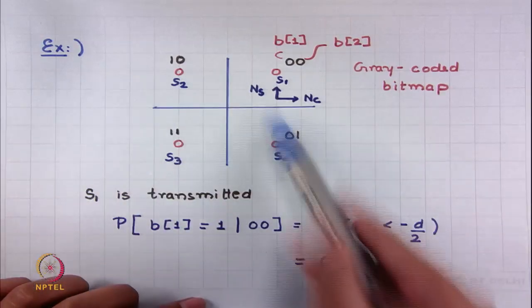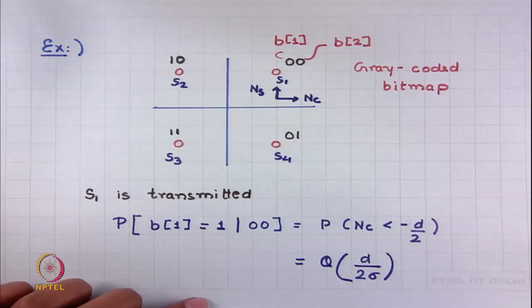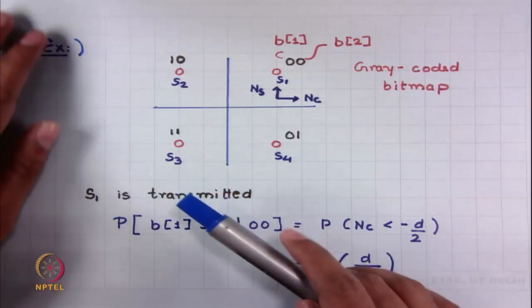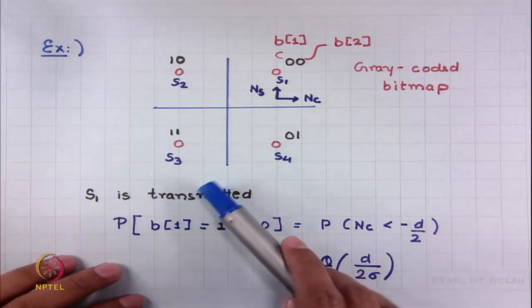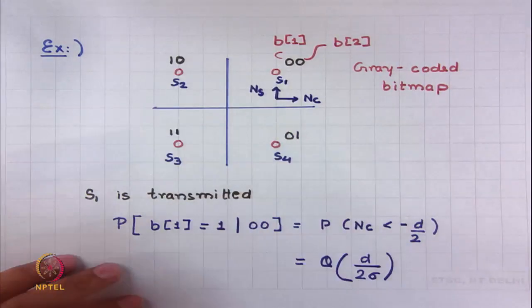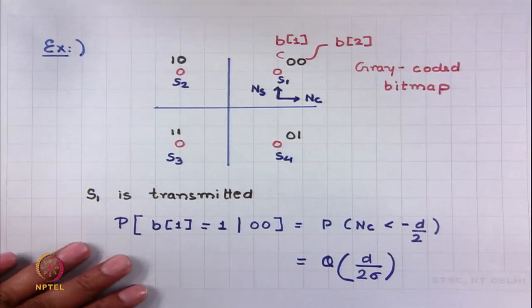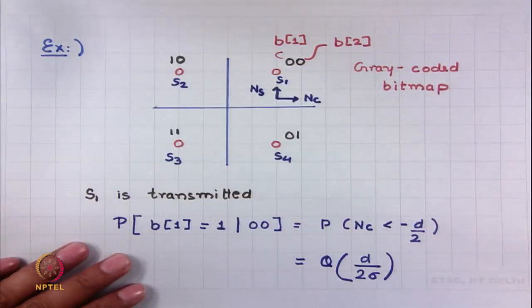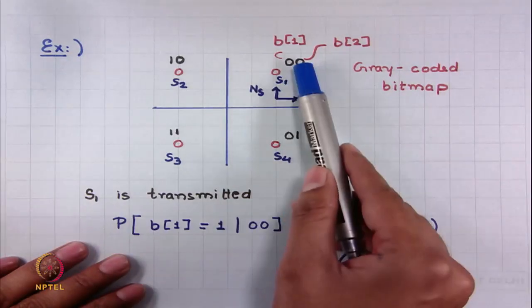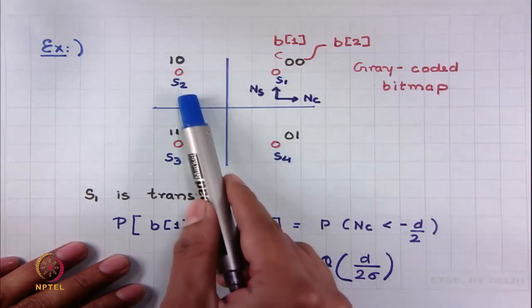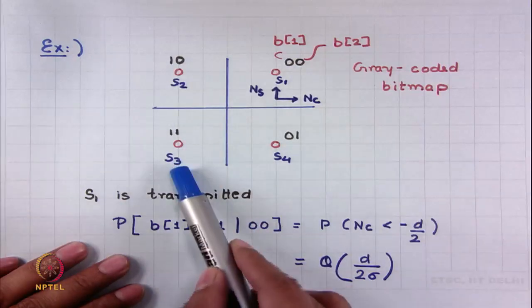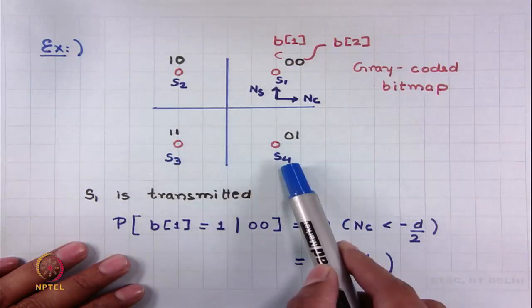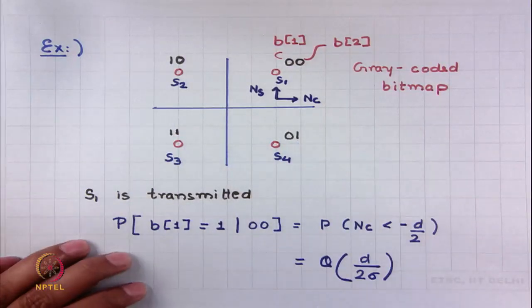All these symbols are at a distance of t and they have equal probability and things like that. Okay. Now, what has changed in this diagram, if you notice carefully, is that we have also labeled the bits corresponding to these symbols. Okay. So, symbol S1 has the bits 0 0, symbol S2 has the bits 1 0, symbol S3 has the bits 1 1, symbol S4 has the bits 0 1.